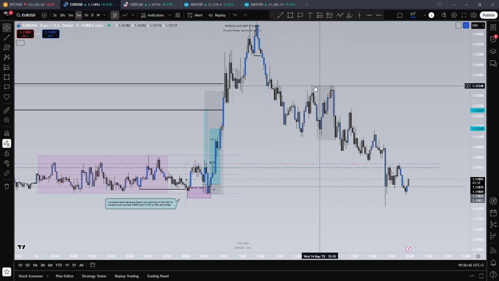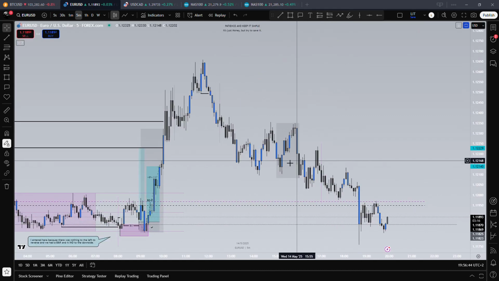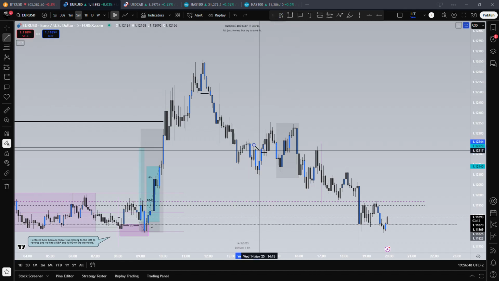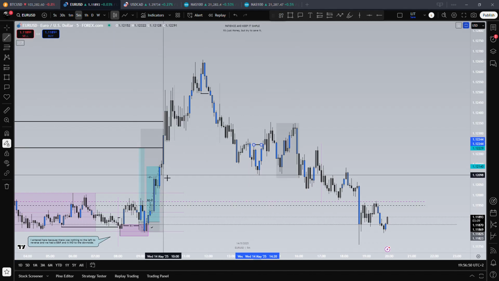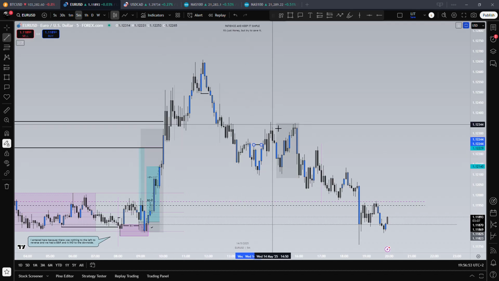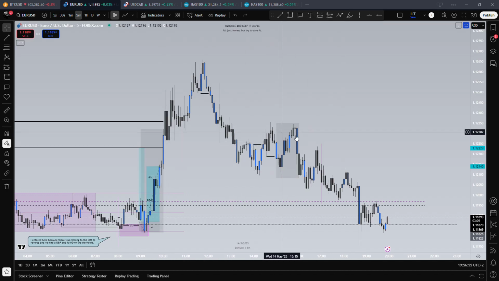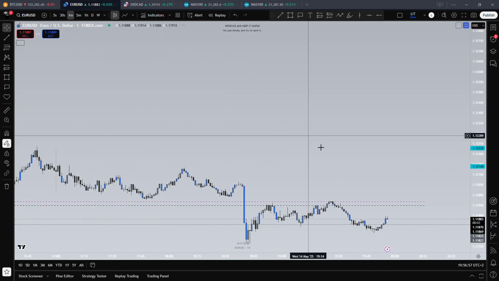Then we had here, this was a really good trade, really, because we had a breakout starter here with nothing to the left. Then we had a breakdown, and this was a perfect entry.